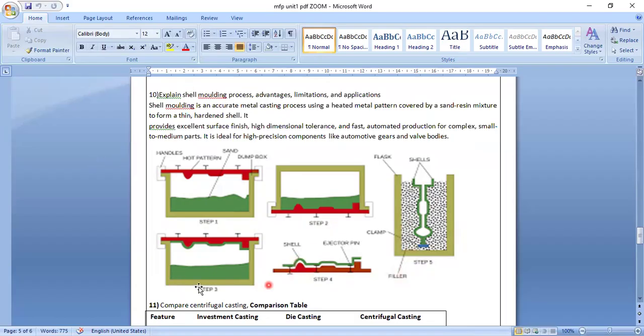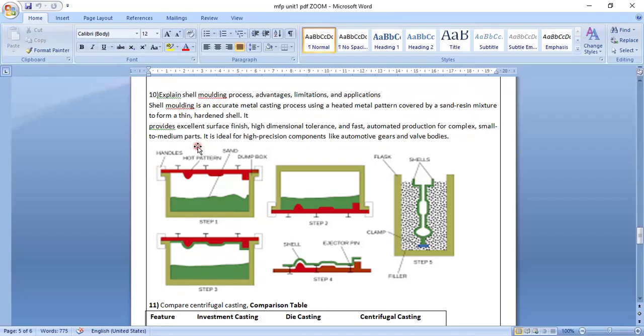Okay, first let us take the definition. Shell molding is an accurate metal casting process using a heated metal pattern covered by a sand-resin mixture to form a thin hardened shell. It provides excellent surface finishes, high dimensional tolerances, and fast automated production for complex, small to medium parts.